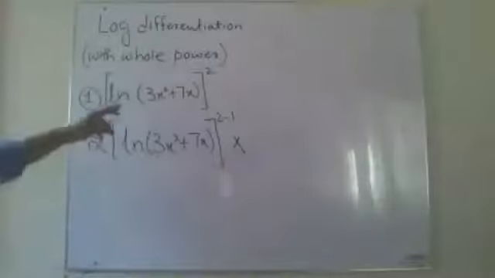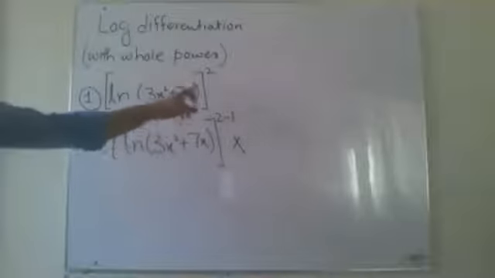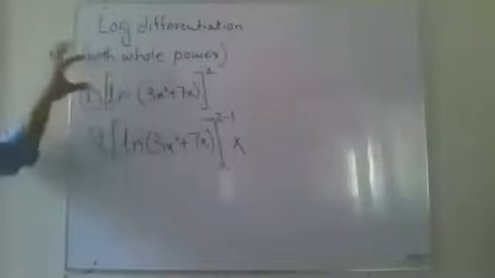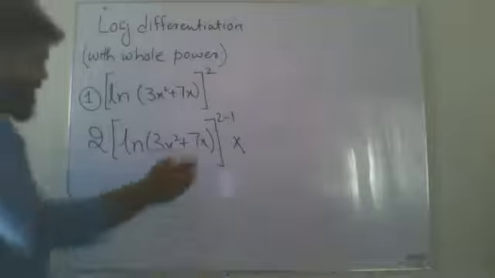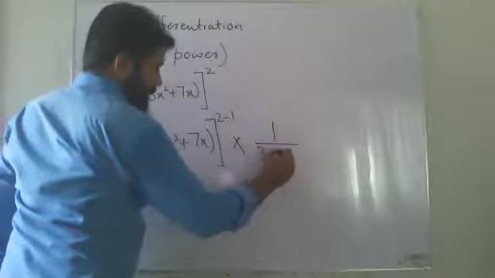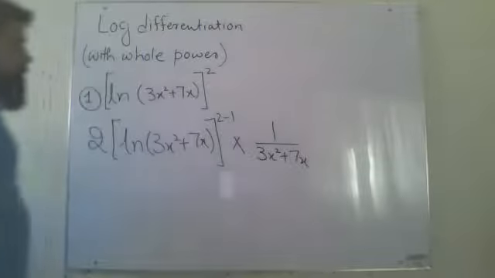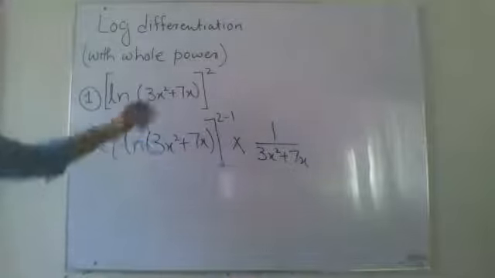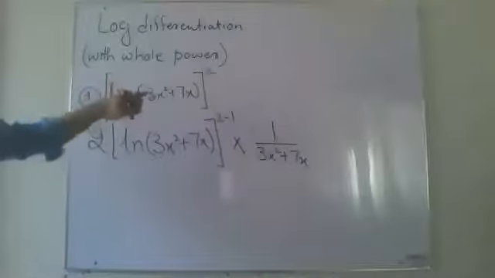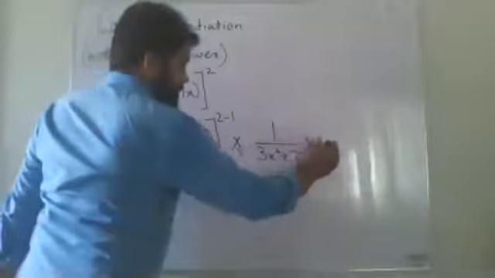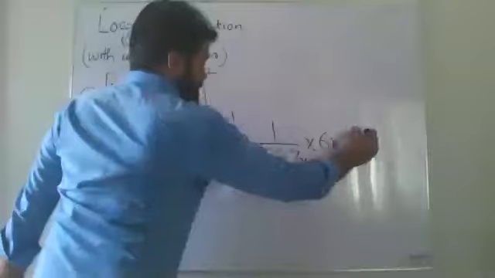So what is inside the bracket? ln (3x square plus 7x). So that is an ln differentiation. I am going to apply the ln differentiation rule, which is 1 over 3x square plus 7x. First of all, the multiple of log is written in reciprocal form. After that, differentiation of this thing will become 6x plus 7.